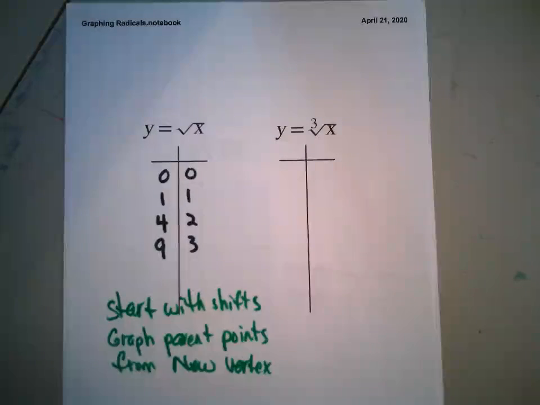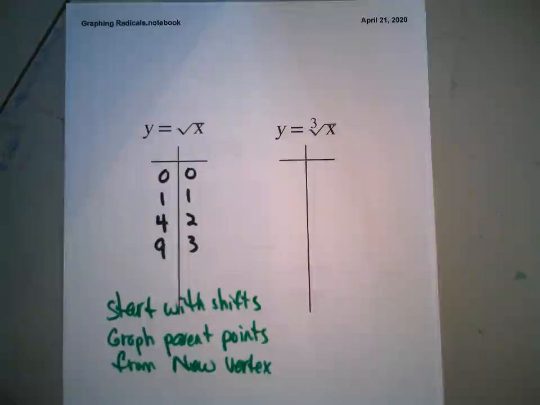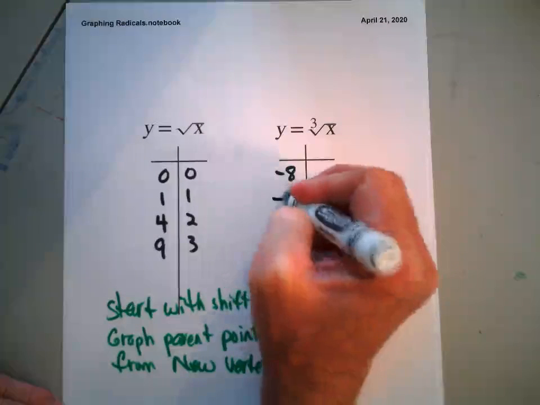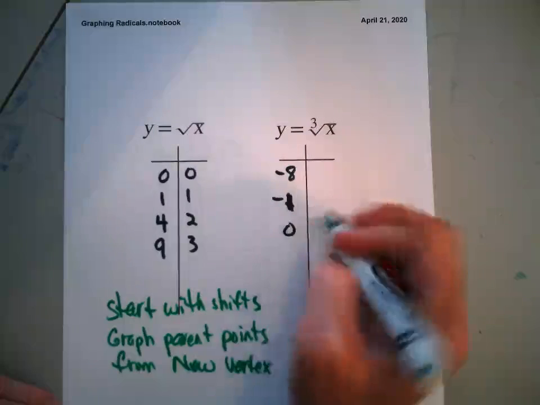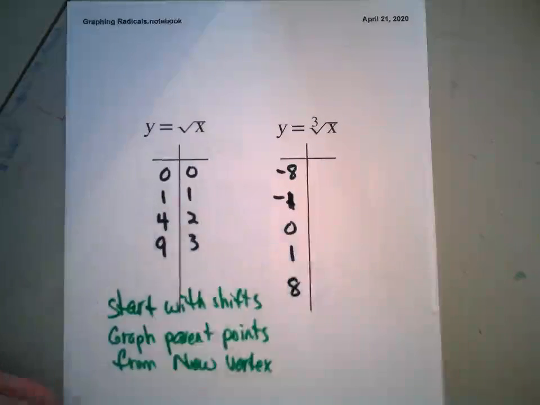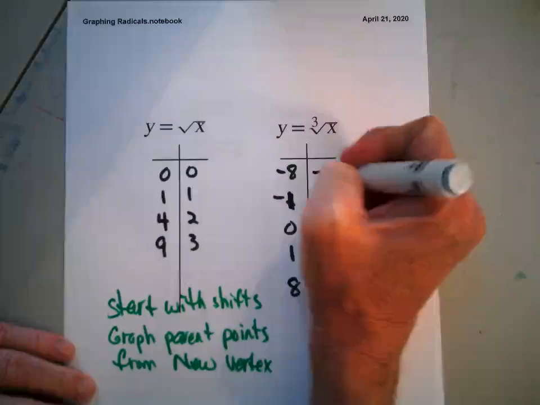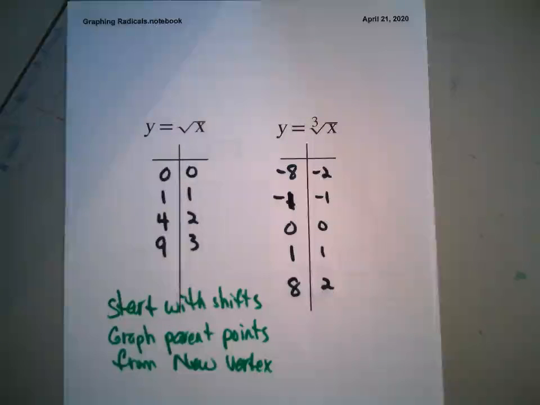All right, so just to reiterate the parent function chart for the cube roots, we're going to start with -8, -1, 0, +1, +8. And the cube roots of those are -2, -1, 0, 1, and 2. So again, we're going to start with our shifts.